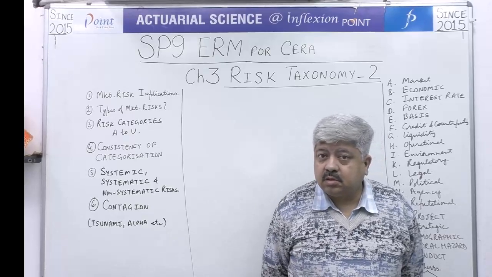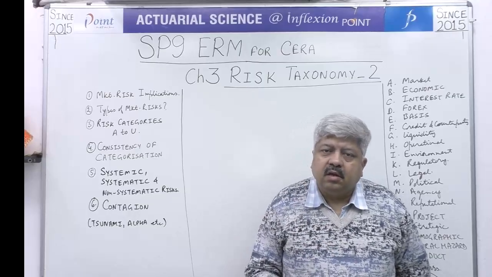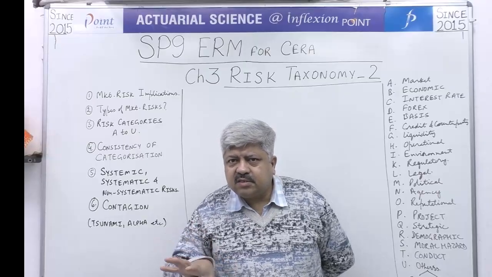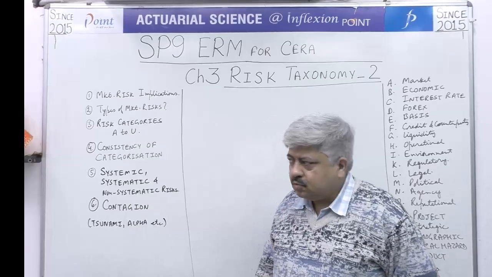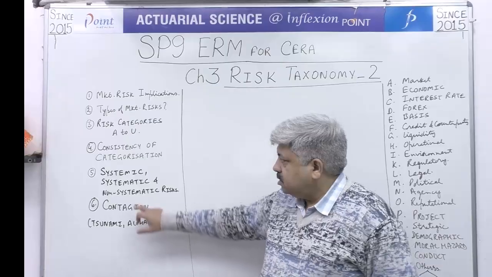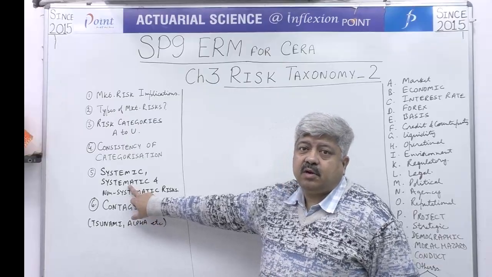Now, see, the moment we change the criteria of categorization, that means we have changed our viewpoint. We are looking at the same thing from a different angle. Why am I saying so? If you remember CM2 or CT8, systematic risk is also known as non-diversifiable risk.